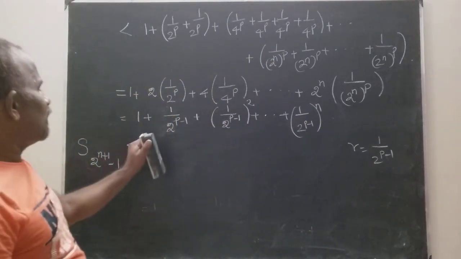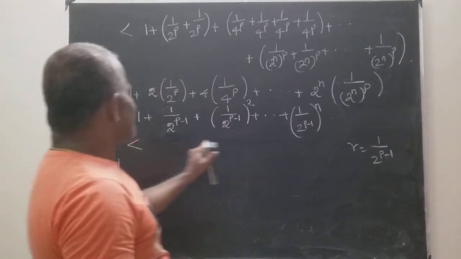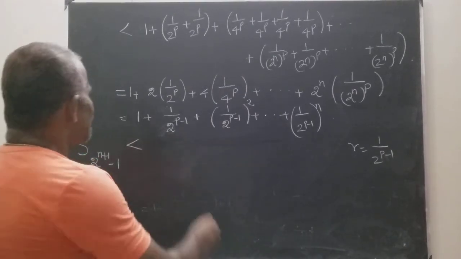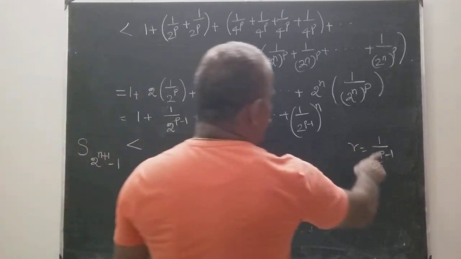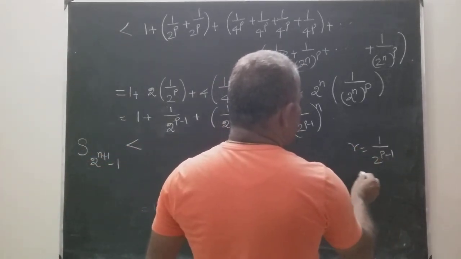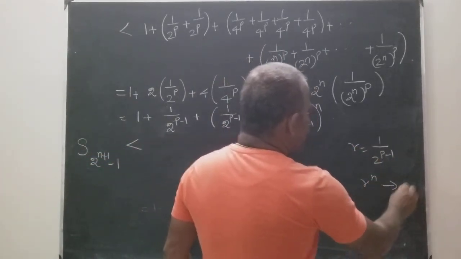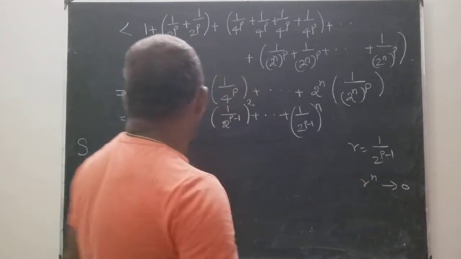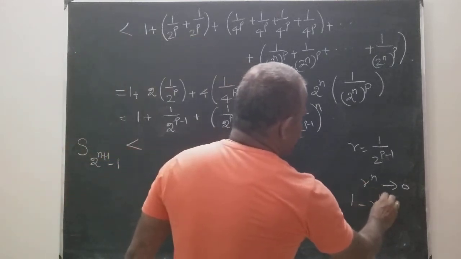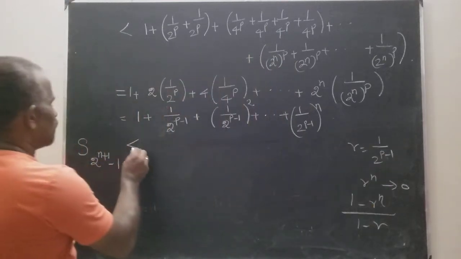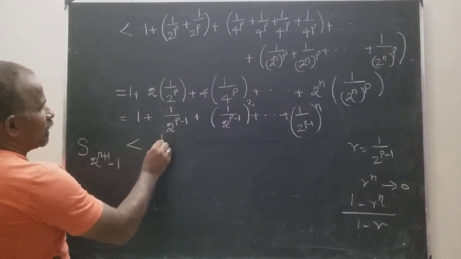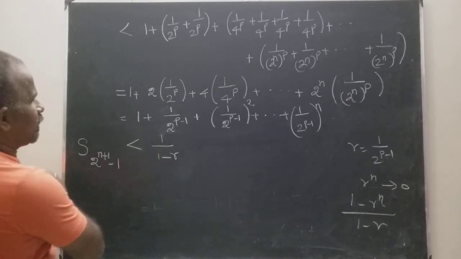So therefore the sum of the series, here there are n plus 1 terms. This R power n definitely approaches 0. Therefore 1 minus R power n divided by 1 minus R, so R power n becomes 0, so again this is less than 1 divided by 1 minus R.